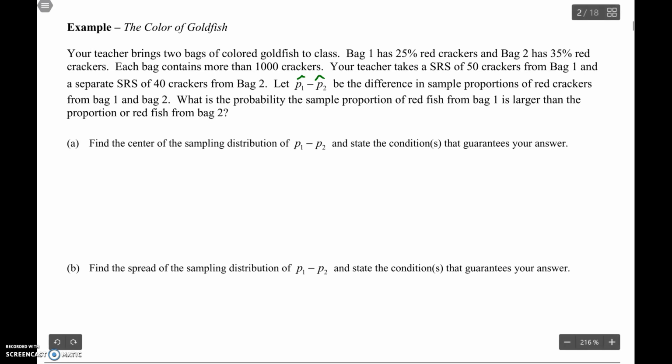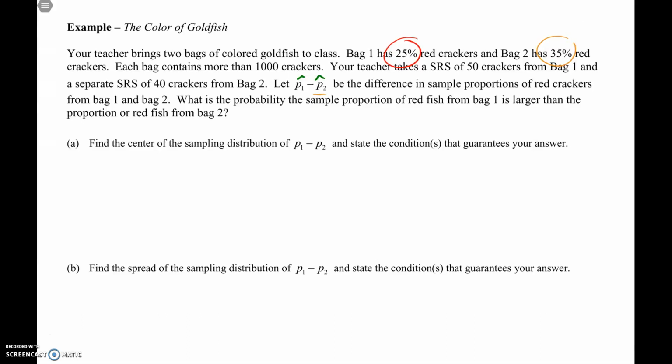Okay, so we wouldn't think that would happen since the first bag has 25% and the second bag has a higher percentage, 35%. We would expect our sample proportion p hat 2 to be about 10% bigger than p hat 1. But remember, these are samples, so there's going to be some variability.